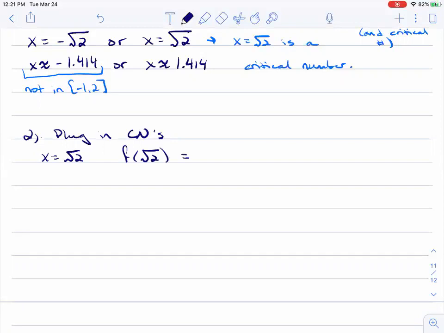And so if we do x equals root 2 was a critical number, f of root 2, f of x was x times the root of 4 minus x squared. So we've got root 2 times the root of 4 minus root 2 squared.